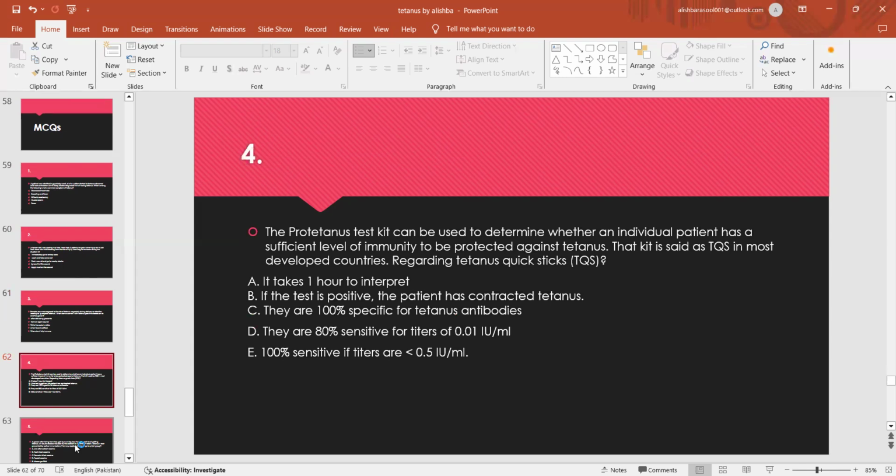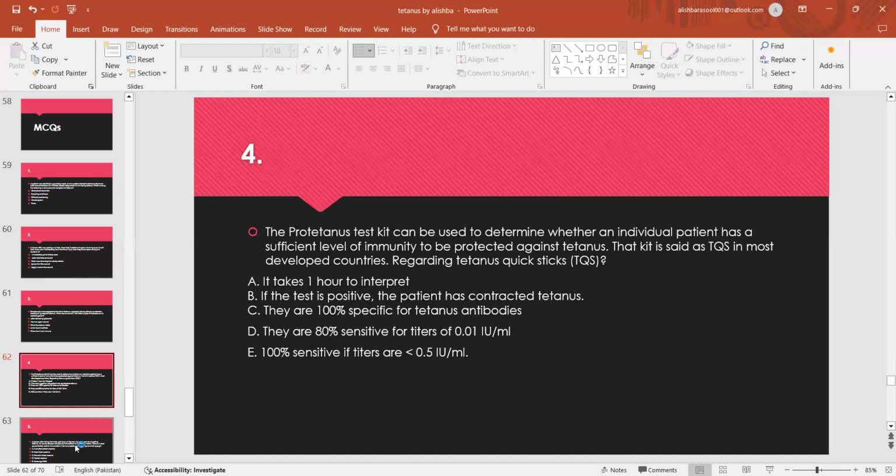The Pro-Tetanus test kit can be used to determine whether an individual patient has sufficient level of immunity to be protected against tetanus. That kit is called TQS in most developed countries. Regarding tetanus quick sticks: A, it takes 1 hour to interpret. B, if the test is positive, the patient has contracted tetanus. C, they are 100% specific for tetanus antibodies. D, they are 80% sensitive for titers of 0.01 IU per ml.